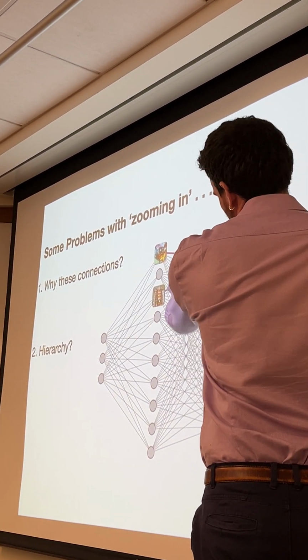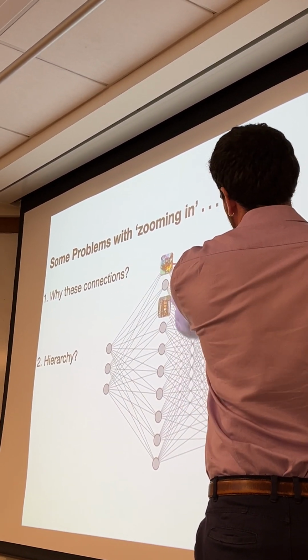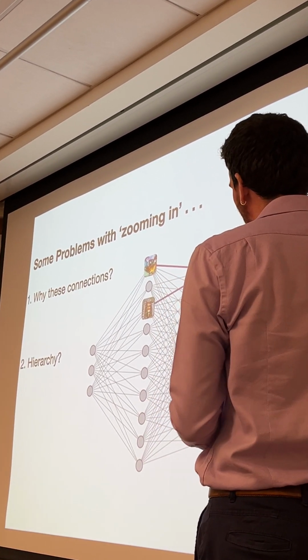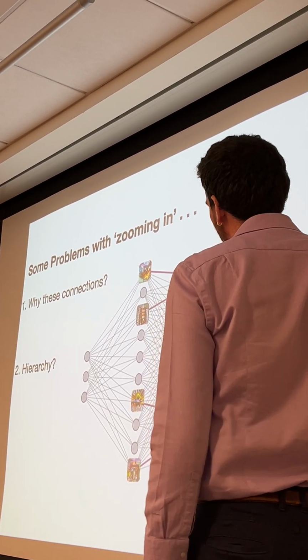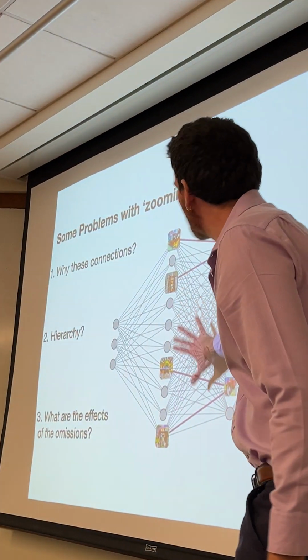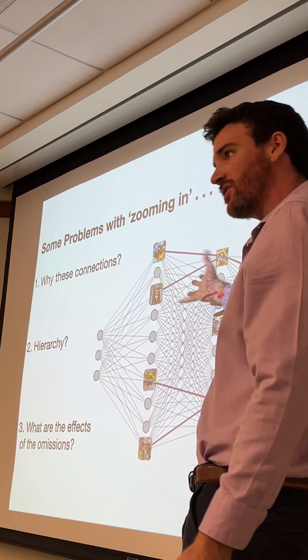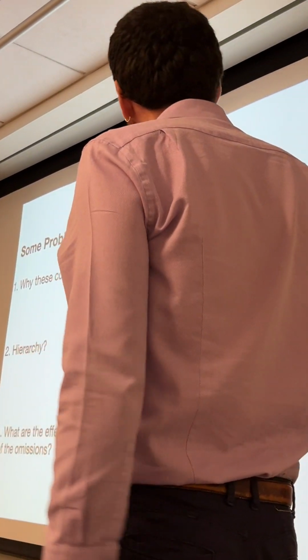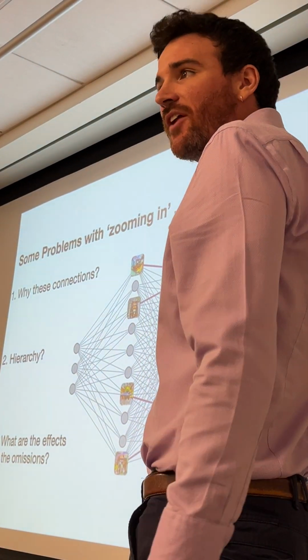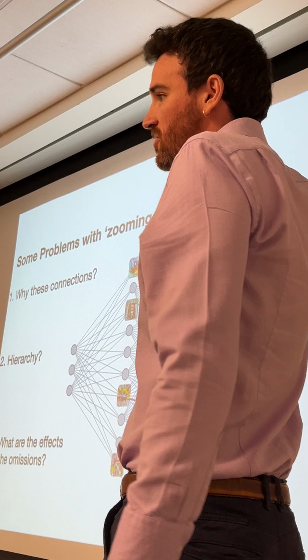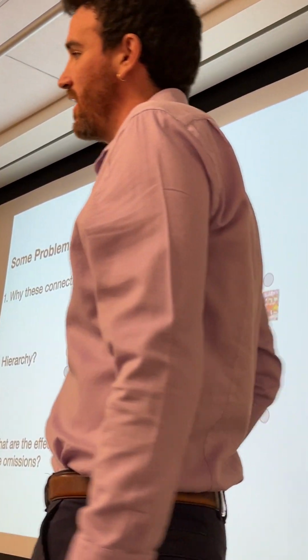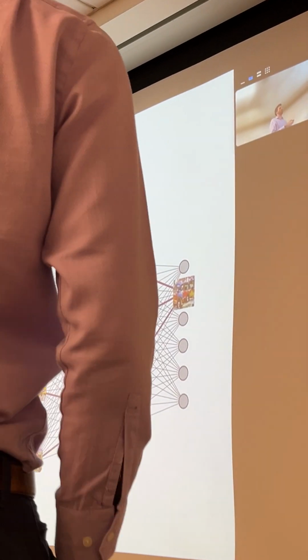Okay, now I understand I need to know about wheels and windows if I want to build a car, but how do I build a window and how do I build a wheel? What are the effects of just ignoring everything else? Can we really do this? Or are you going to end up with something that's not at all the thing that you started with? So you've simplified, but you've oversimplified. And now nothing works anymore.